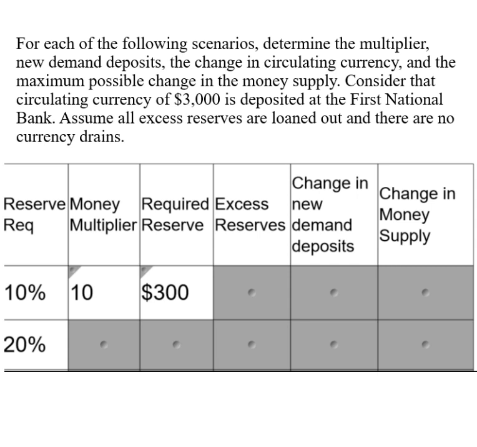So if $3,000 is deposited and $300 is required, you can take $3,000 minus $300 and our excess reserves are $2,700. And then the change in new demand deposits, that's our multiplier, 10, times the original demand deposit. 10 times $3,000 equals $30,000.